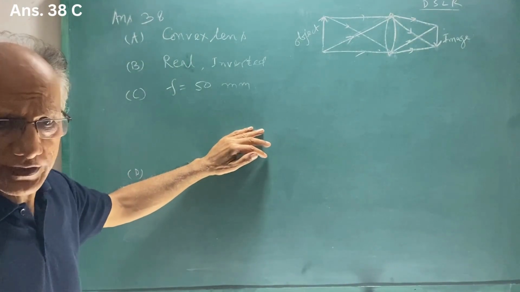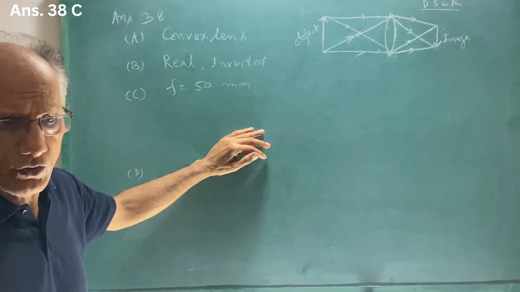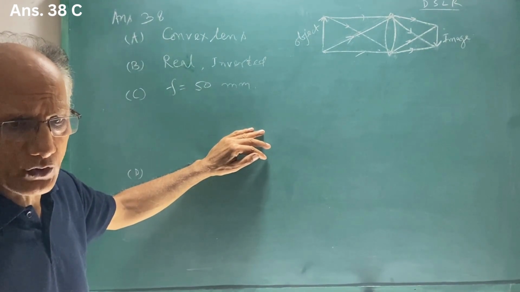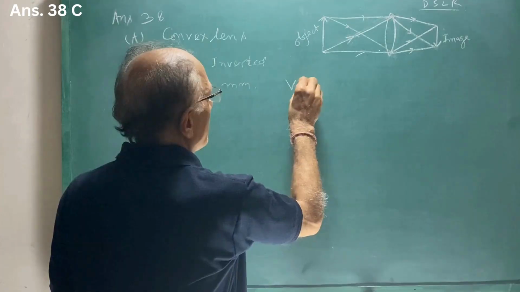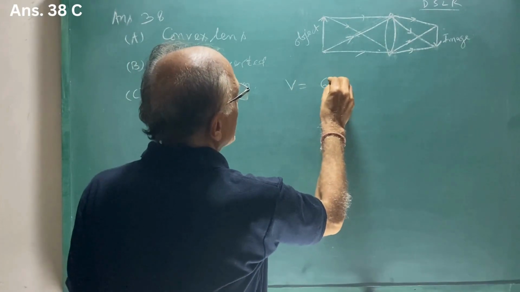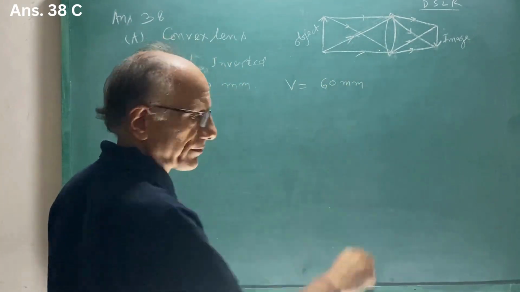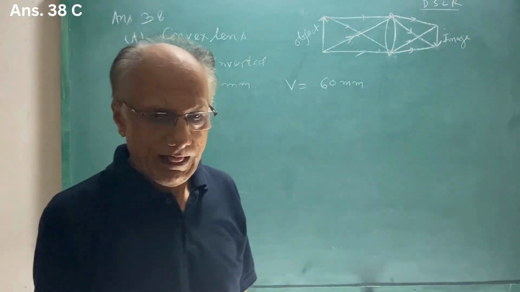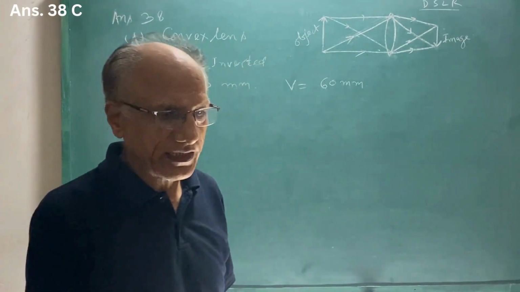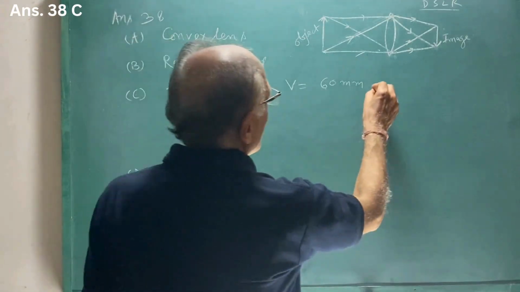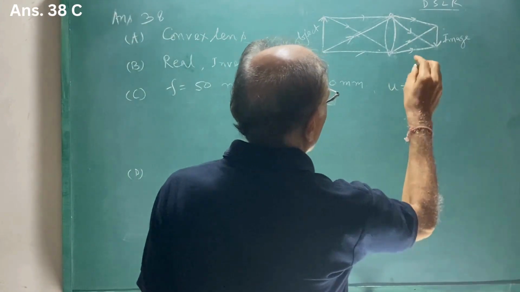The lens projects an image onto the camera sensor that is located 60 mm behind. That means this time v is equal to 60 mm behind the lens. So calculate the object distance. That means you have to find u.